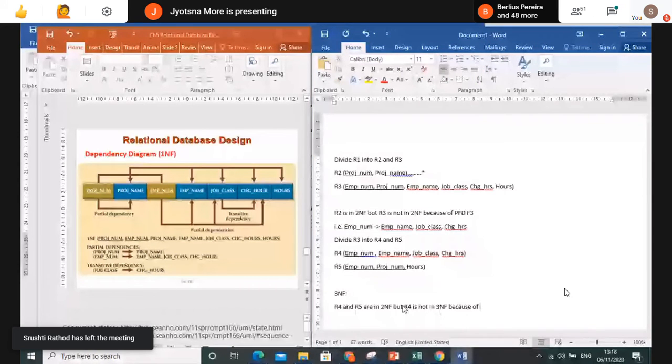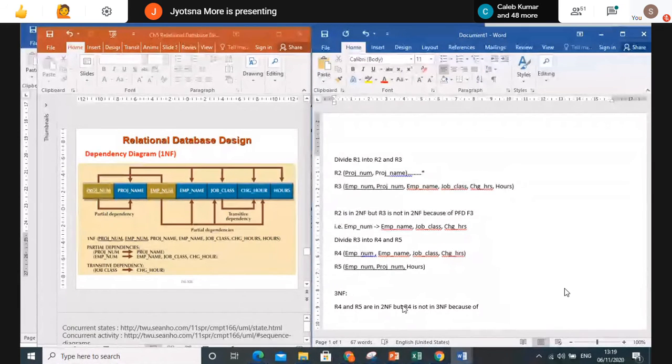F4. Yes, because of F4. Write down the transitive functional dependency, which is job class determines charging hours, right?